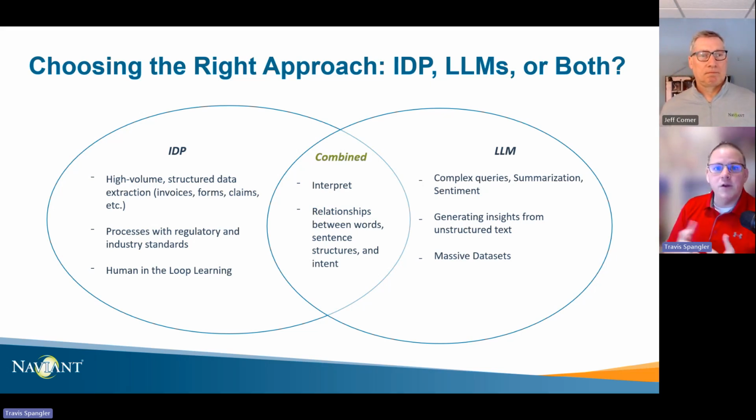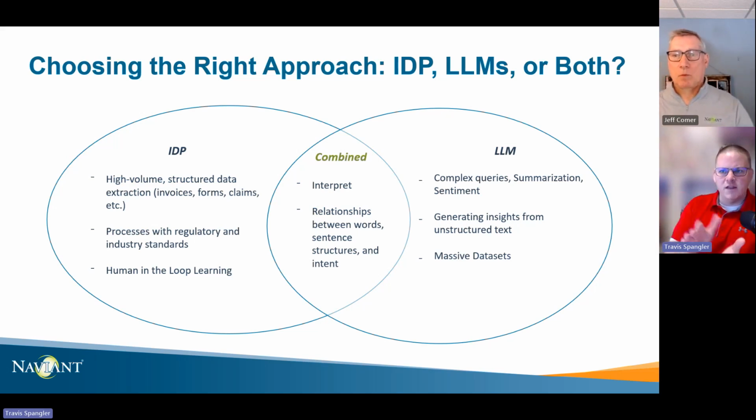We'll refer to Abbyy here commonly in our organization, where these are high volume, structured, sometimes semi-structured documents like invoices, forms, and claims, things that typically have some sort of strict standard around them. The beauty of IDP technology is that we have this human-in-the-loop learning. As documents come in and a human has to look at fallout, the software will learn from the human touch on the document. That's the far left of the Venn.